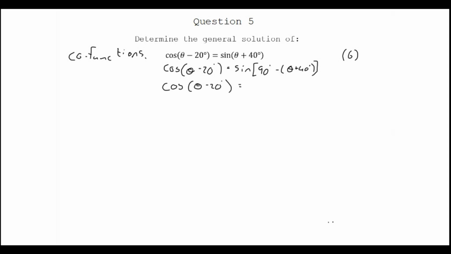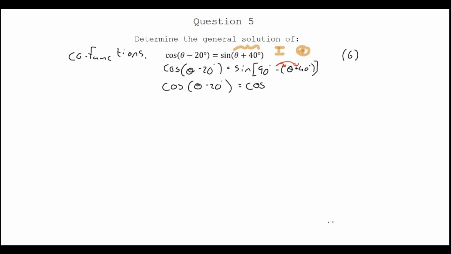And now we convert this over. Now, we see here that sine of theta plus 40 degrees is in the first quadrant, and sine is positive there. So therefore, our answer would be a positive cos of, and now you simplify what's in the brackets over there. So if you had to distribute this negative in, you'd get minus theta, and if you had to distribute the negative in there, you'd get minus 40.